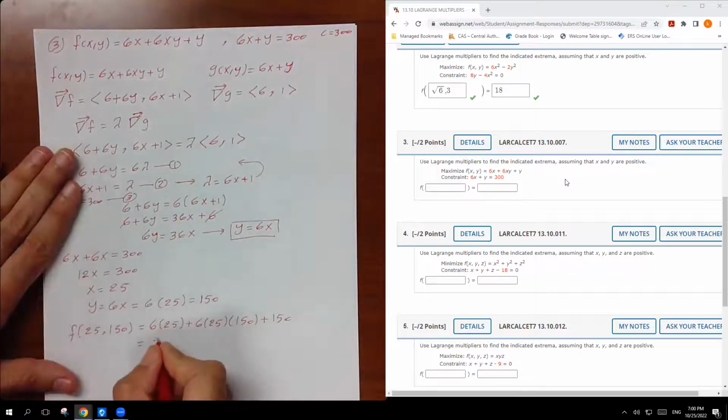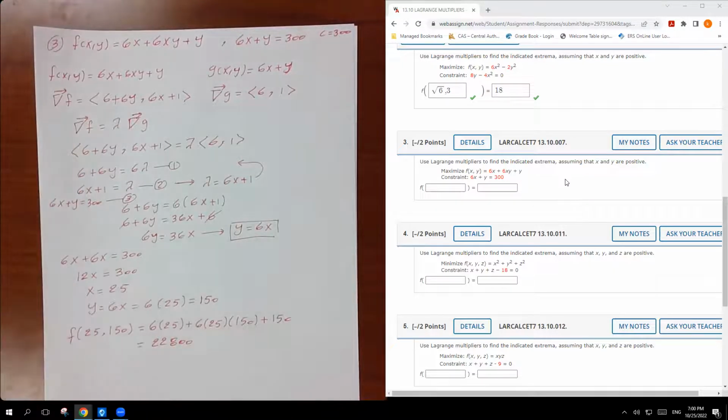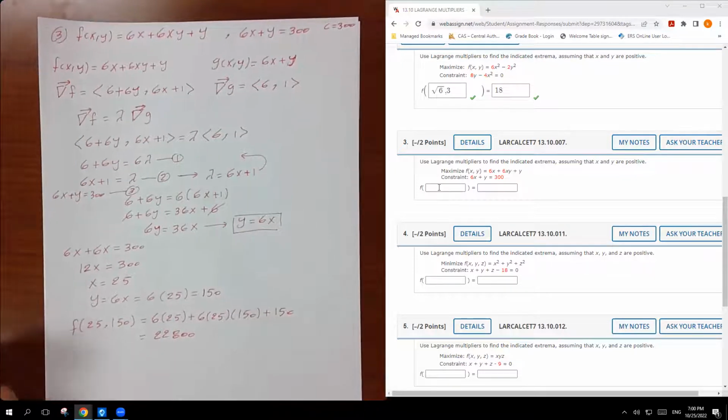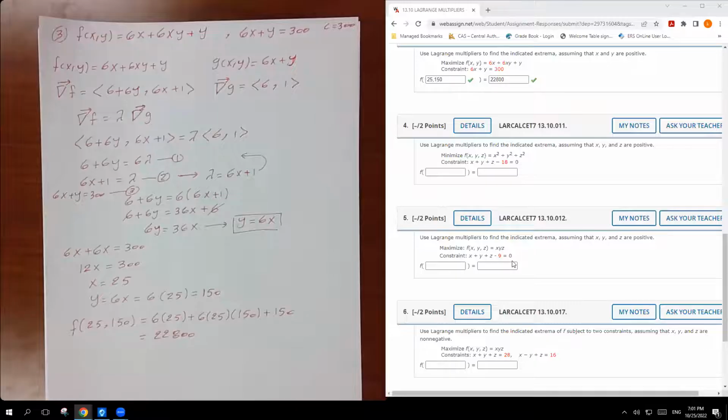So let's check these. So f of 25 and 150 is going to be 22800. That's it for this example, example 3.